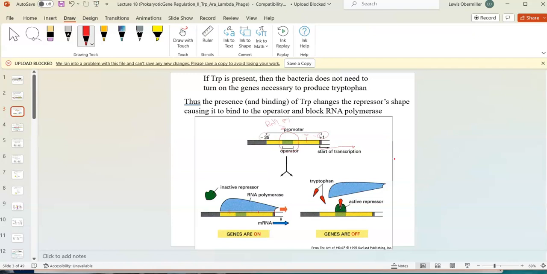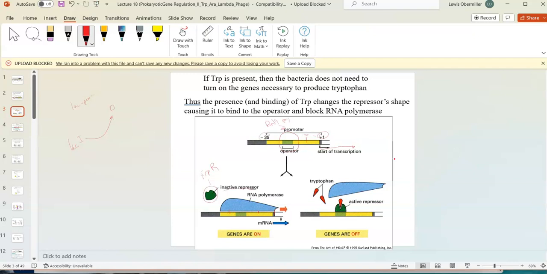So this is the repressor, right? In the inactive form, it just kind of floats around. So this is different. When LAC-I was made, LAC-I is already in the correct form to bind to the operator for the lac operon. Remember that? So here, TRP-R is produced, but it's not active.